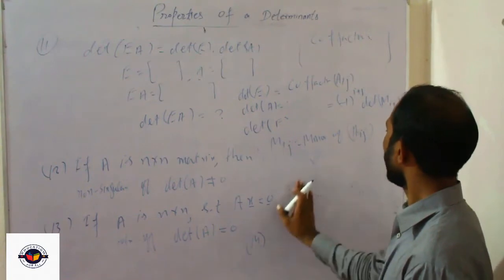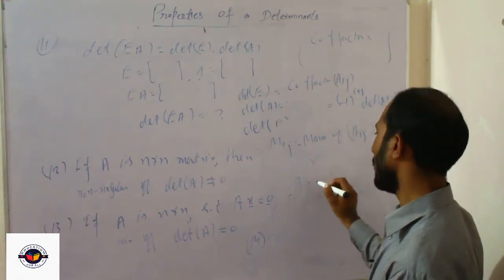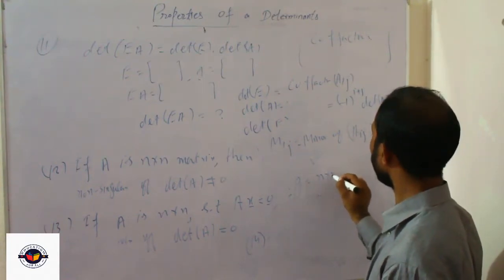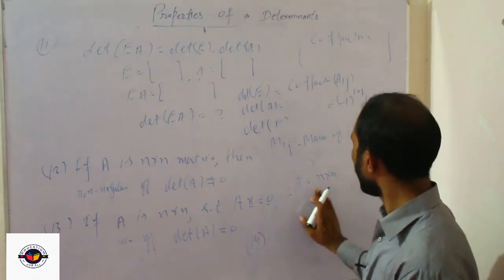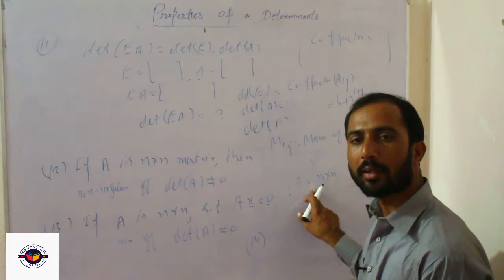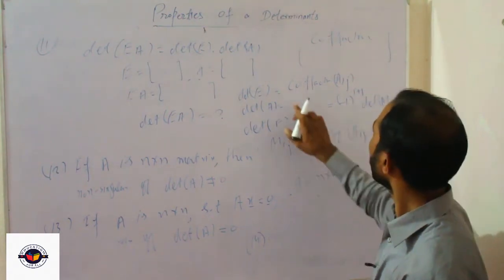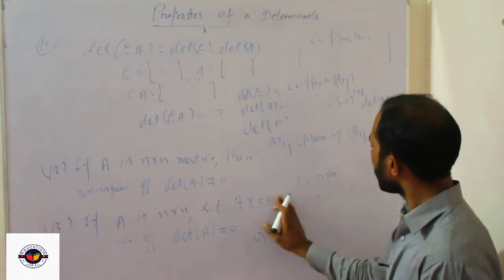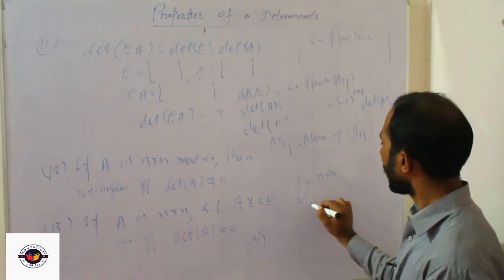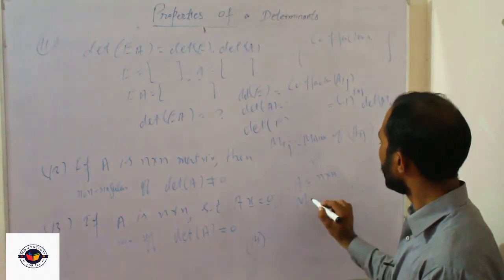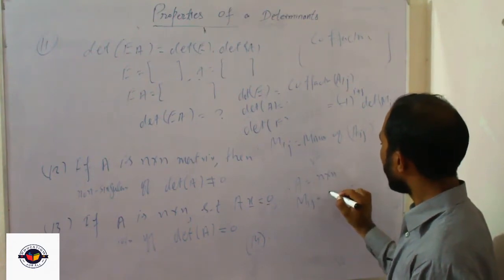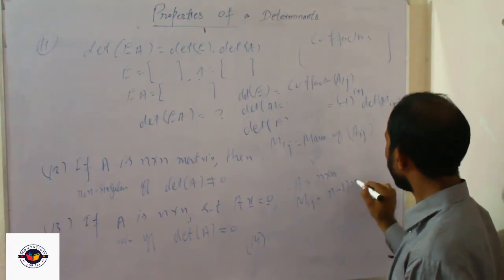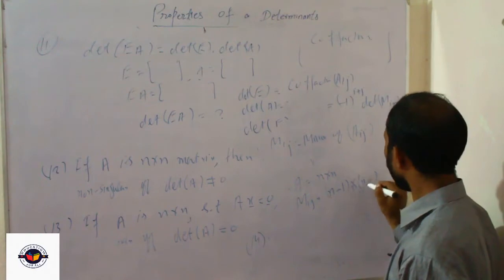Originally, suppose we have a matrix A whose order is n cross n. This is our original matrix, and for this matrix we have to calculate the cofactors. First of all we construct the minor Mij, and this will be a matrix of order n minus 1 by n minus 1.